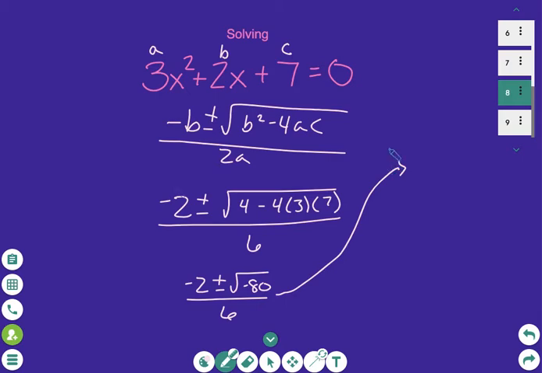So the 2 and the 6 we're going to ignore for a minute, and we're just going to simplify that square root of negative 80. So just like we talked about with simplifying, split it out into a positive version of the number and negative 1. This becomes i. This would be divisible by 4, which would give us 20, which means that it's actually divisible by 16.